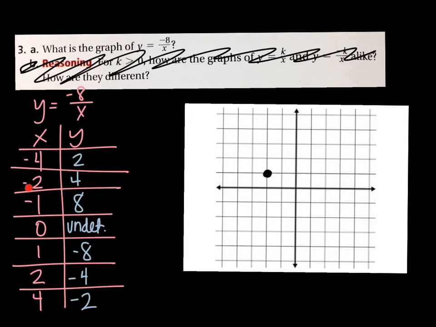Then I'm going to go left 2, up 4. 1, 2, 1, 2, 3, 4. There we go. Then -1 and +8, so we're going to go left 1, up 1, 2, 3, 4, 5, 6, 7, 8, right there.